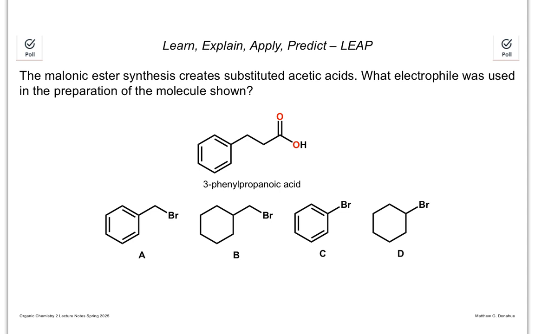What electrophile was used in the preparation of 3-phenylpropanoic acid? I heard a B, or am I imagining that? So it's A. Here's the alpha, there's the beta, the acetic acid part in yellow, then the electrophile part in green.